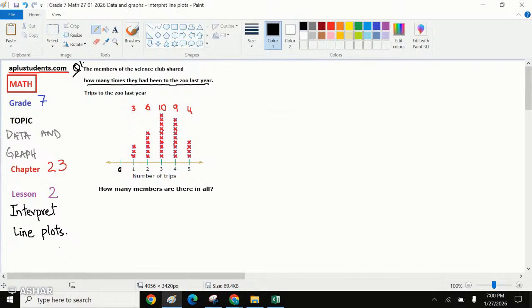Okay, so can I say 3 plus 6 plus 10 plus 9 plus 4? 3 plus 6 is 9, 9 plus 10 is 19, 19 plus 9 is 28. Okay, 28 plus 4 is 32. There are 32 members.